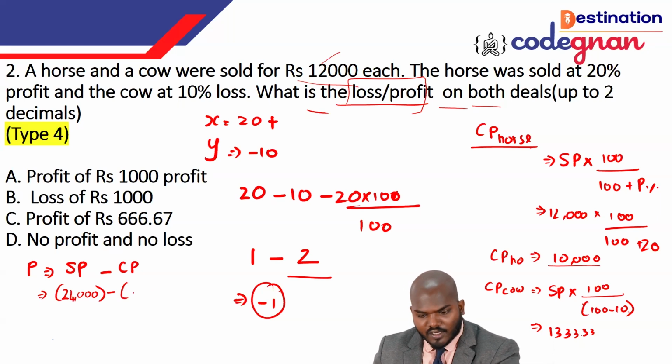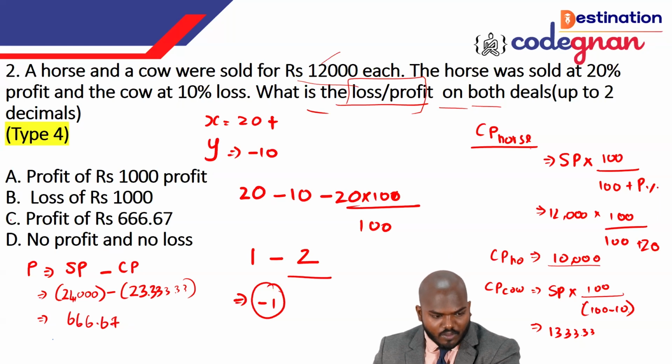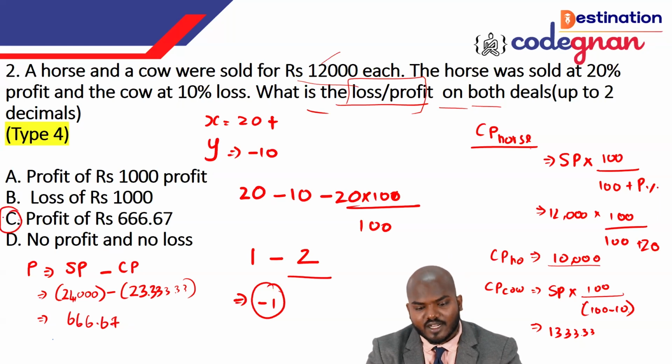If you combine that, it will give you 23,333.33. If you work out the value, it will give you closely 666.67 we can get here. So probably option C is the correct answer in this one.